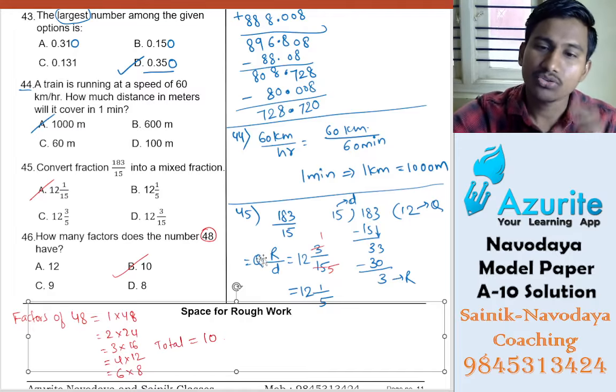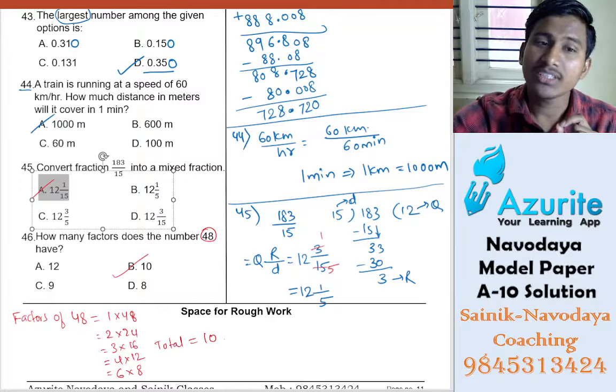The divisor is 15. So how do we write? Quotient, remainder divided by divisor. The quotient will be the whole number. So 12 is the quotient, the remainder is 3, and the divisor is 15. Now always remember that it should be written in the simplest form.